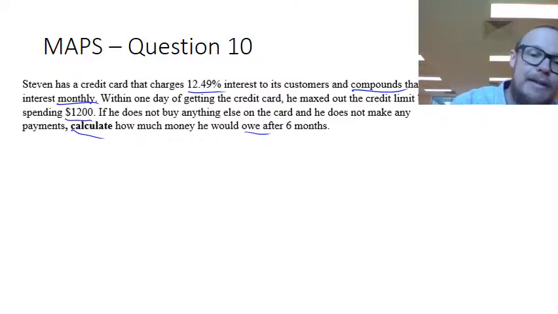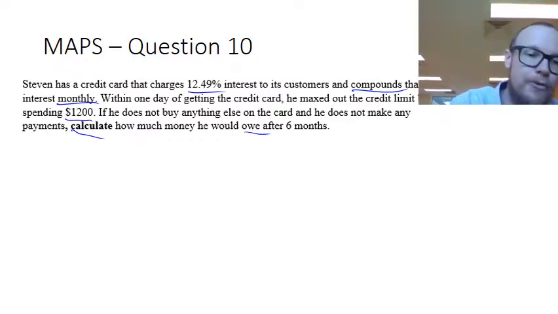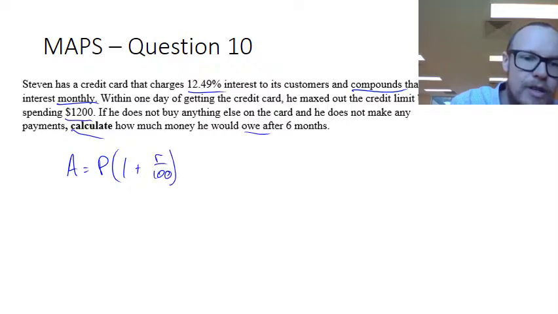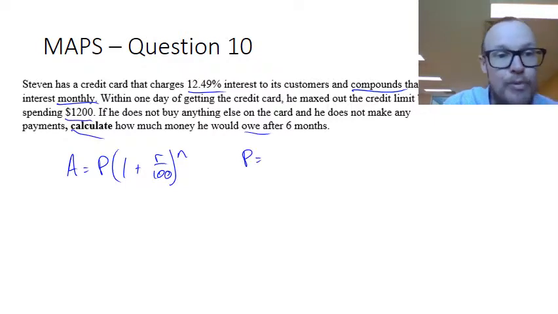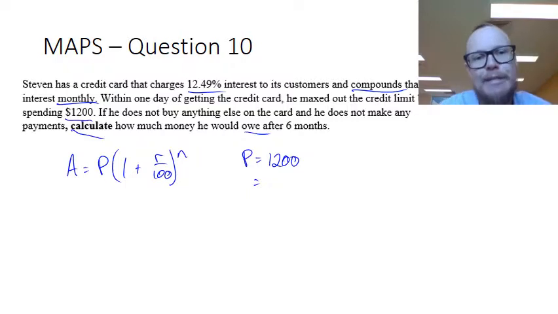So we know that the formula for the amount that he will owe is A equals P(1 plus R over 100) to the power of N. Here, P is the principal, $1,200. R is the rate. Because it is compounded monthly, we need to look at the monthly rate.